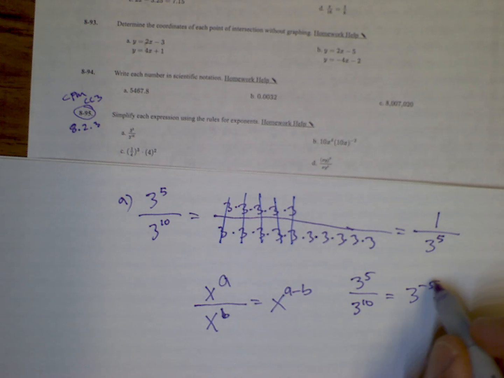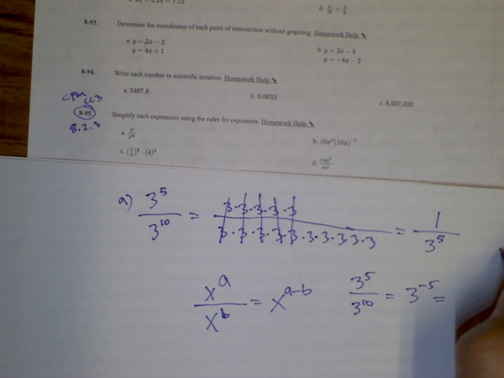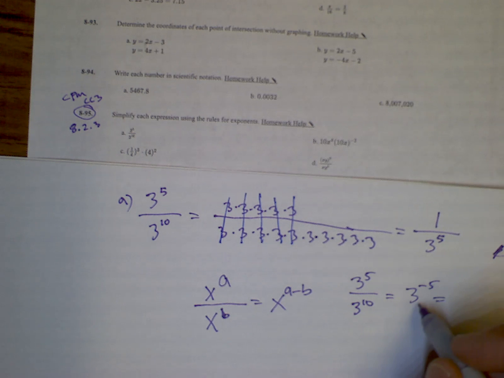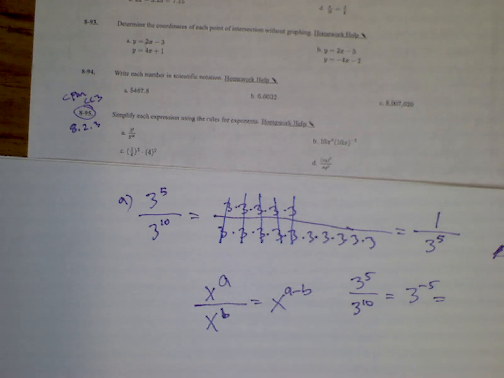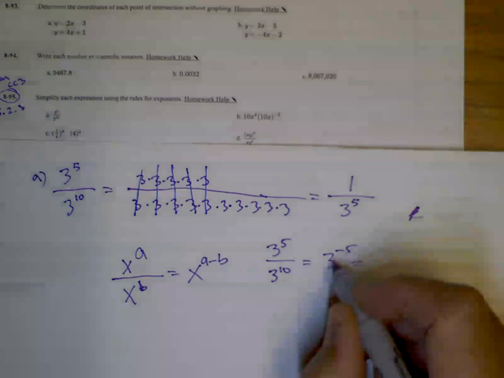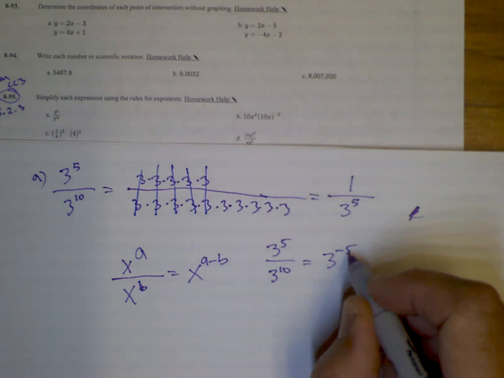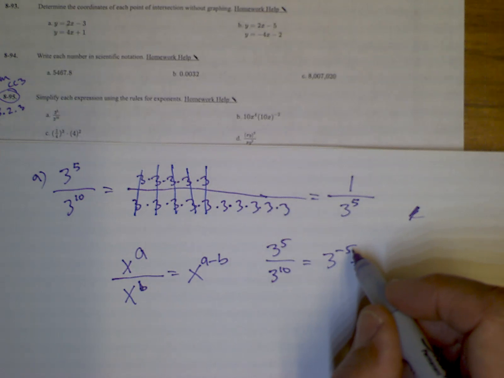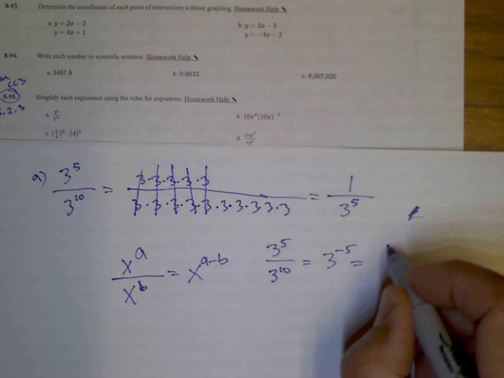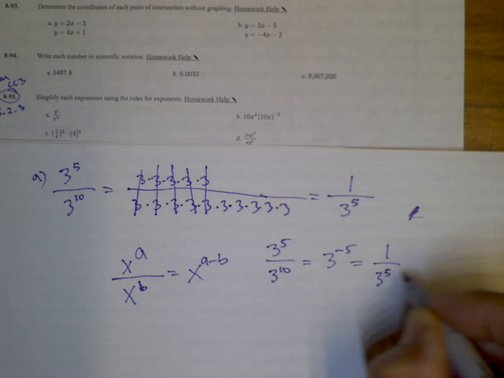What's true about negative exponents? Negative exponents create reciprocals. If I have 3 to the negative 5, that is the same as 1 over 3 to the 5th.